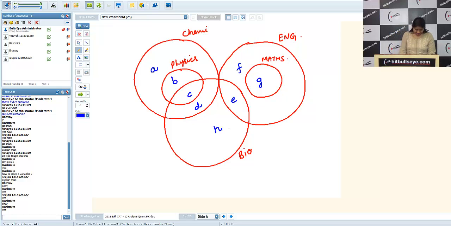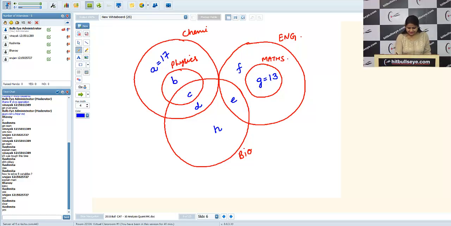The first condition says the number of students who passed only in chemistry, that they are 17. It means A is 17. And the students, those passed in maths is 13. So G is 13. We are just putting the values. Then we have the number of students who passed in biology is 46.